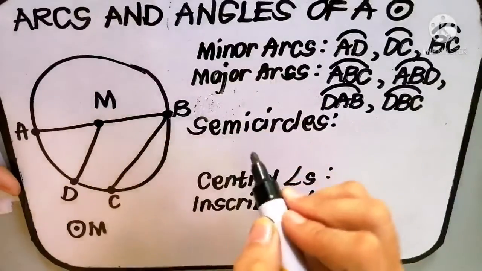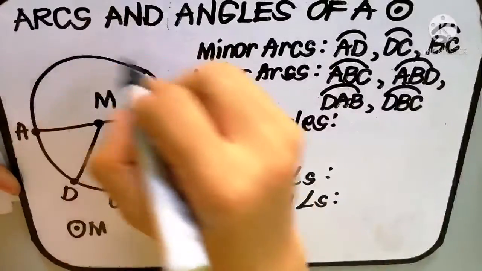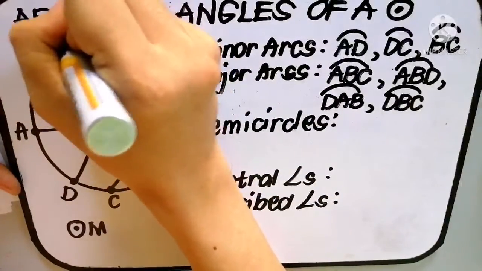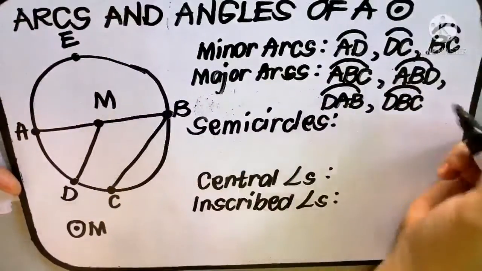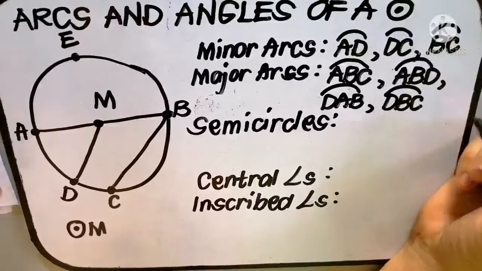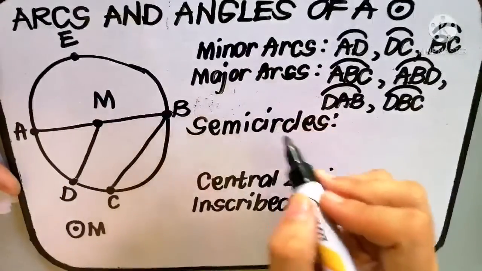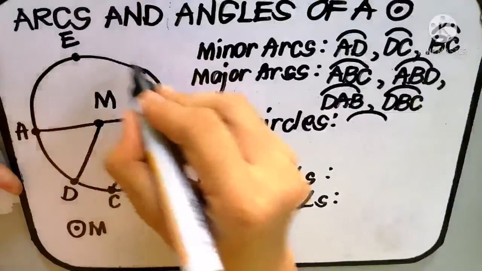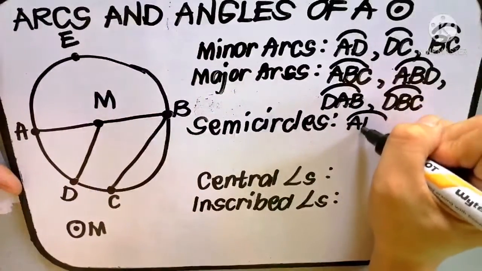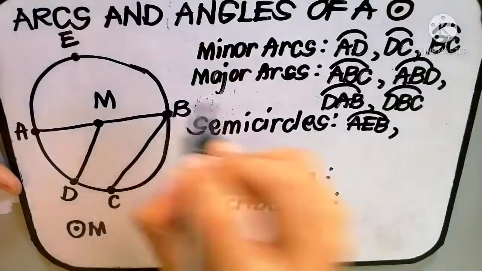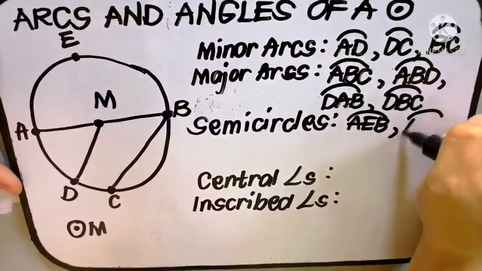Semicircles usually use three capital letters as well, just like the major arc. So we have semicircle AEB and semicircle ADB or ACB.